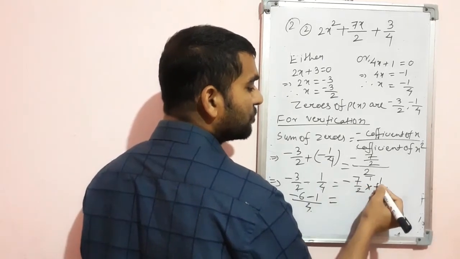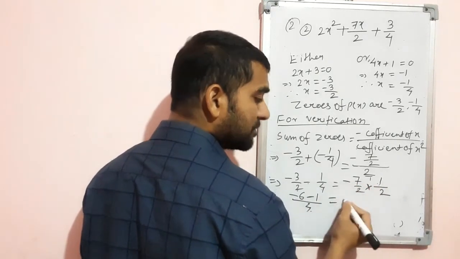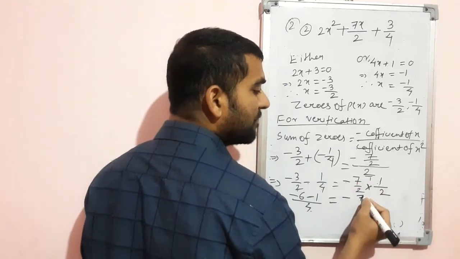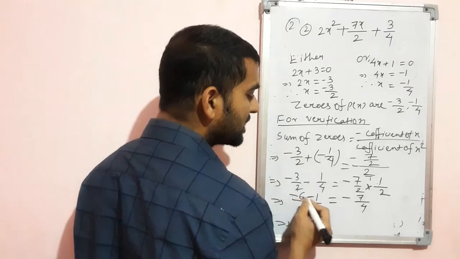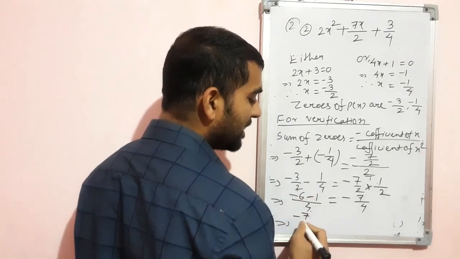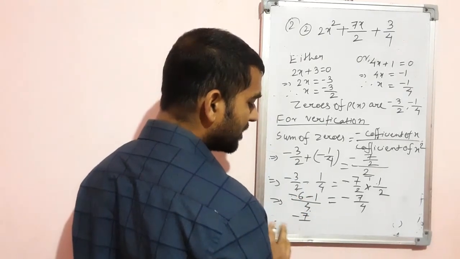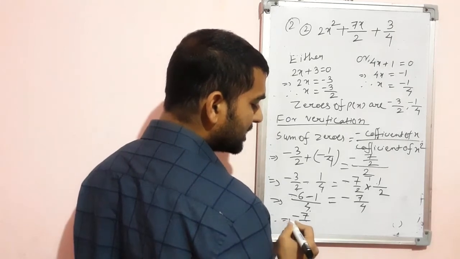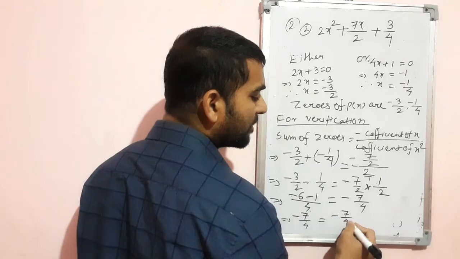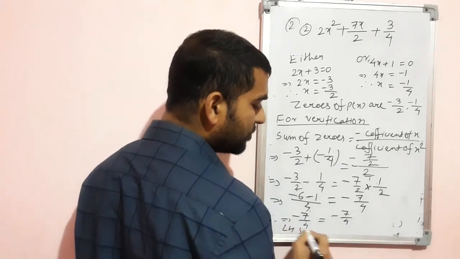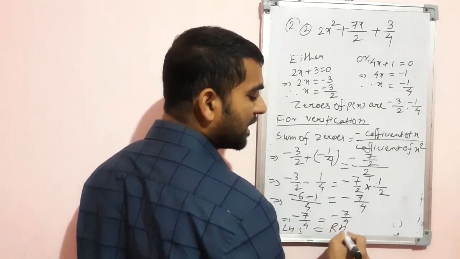Minus into plus, minus. 7 into 1, 7. 2 into 2, 4. Next step you will get minus 6 minus 1, how much? Minus 7 by 4, right? Minus 7 by 4 equal to minus 7 by 4. LHS equal to RHS, because we are getting the same value.